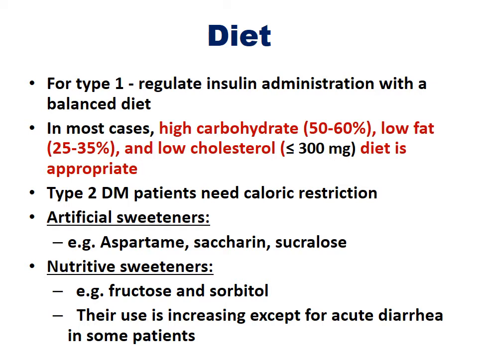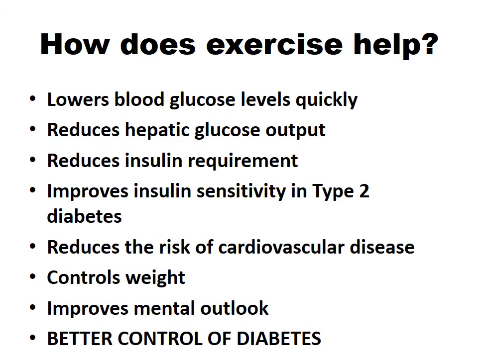Type 2 diabetes needs caloric restriction. Use of artificial sweeteners such as aspartame, saccharin, or nutritive sweeteners such as fructose and sorbitol. Their use is now increased, but they are associated with diarrhea in some patients.